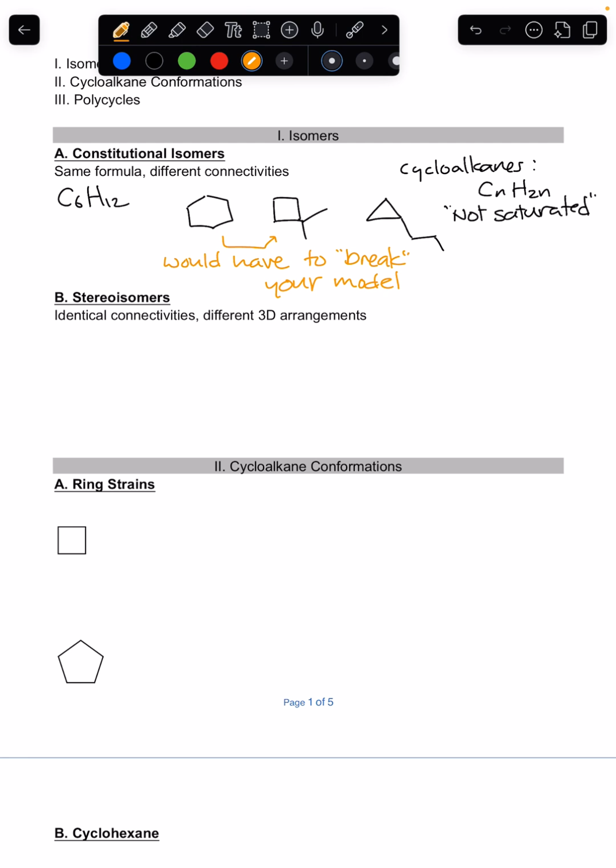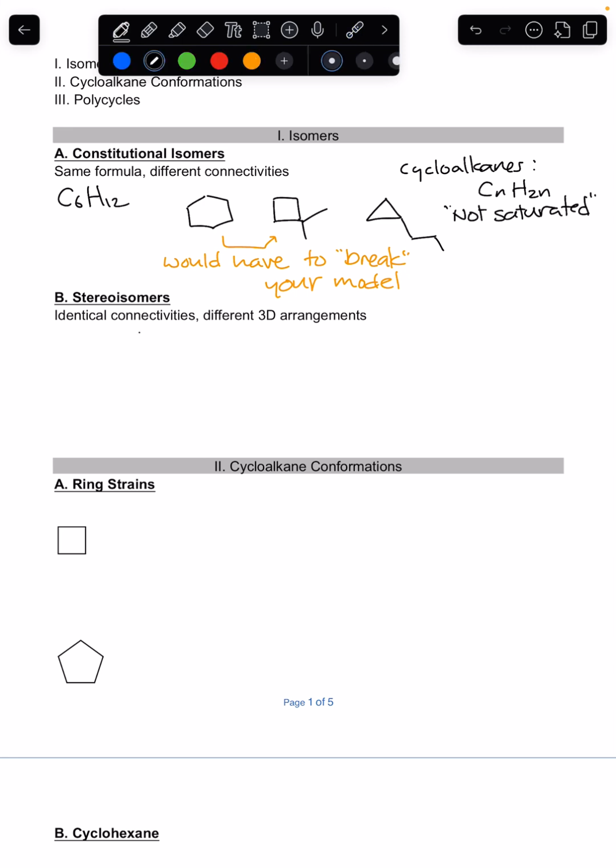We're going to start seeing different stereoisomers, and that stereochemistry is going to be important. What we mean by stereoisomers is they not only share the same formula, but they share the exact same connectivities, but something about the 3D arrangement is different.